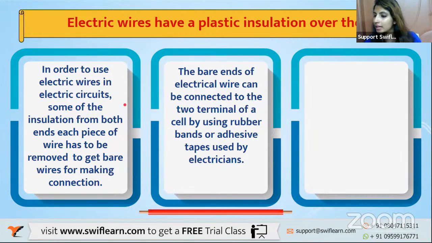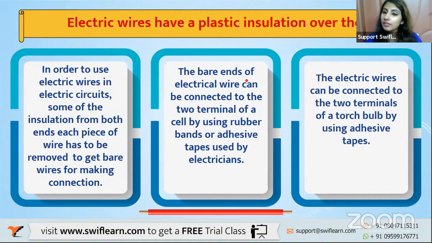I hope everybody has understood. Very good. Now, the electric wires can also be connected to the two terminals of a torch by using adhesive tapes. So this is how we will connect an insulated wire which has bare ends without insulation.